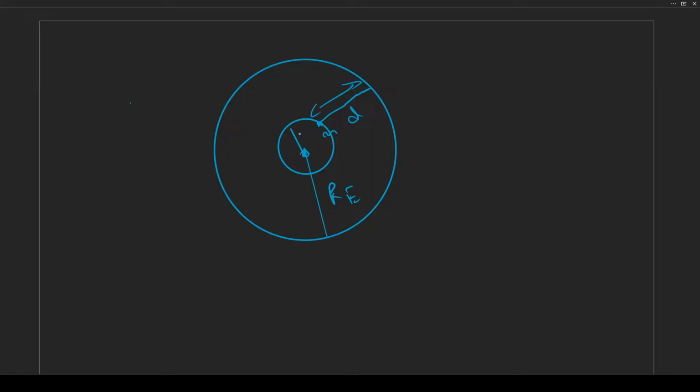This one's radius is small r. And we know that the second law stated whenever there is a mass placed inside a hollow shell, the force experienced will be zero.